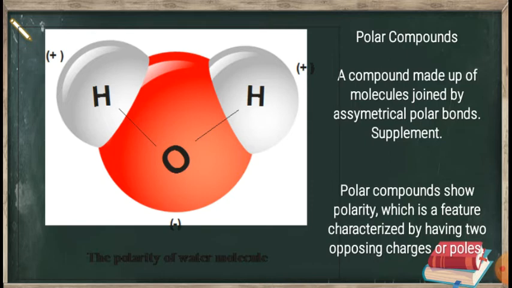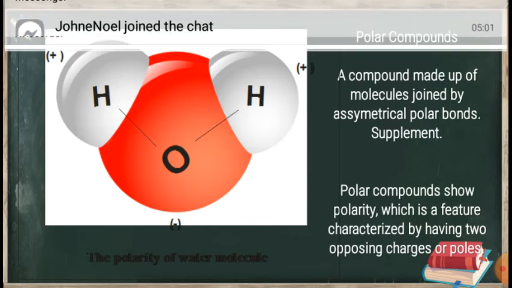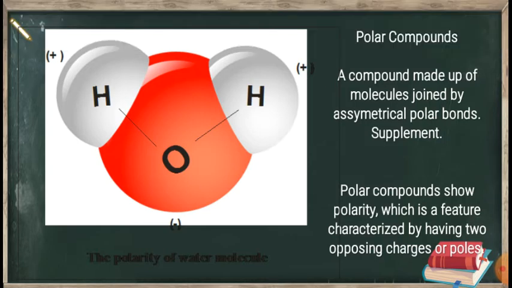If the differences between the electronegativities are small, then the answer would be close to zero. Now, polar compounds are between pure covalent compounds and ionic compounds. It means that one part of the molecule is partially positive and the other part of the molecule is partially negative. So that's how we get a polar compound.